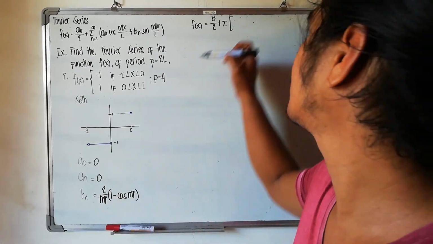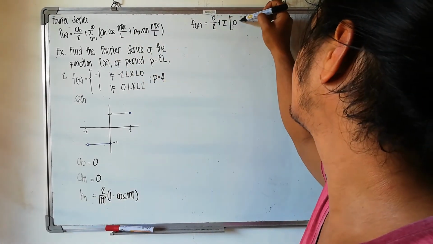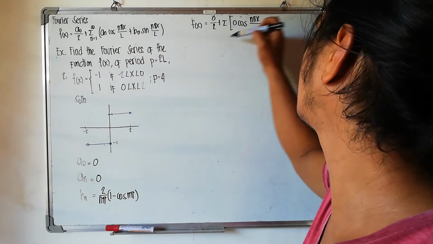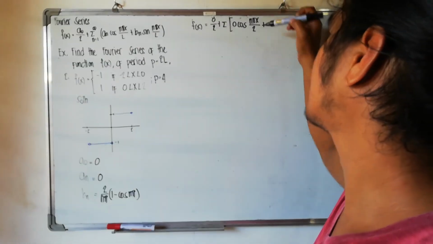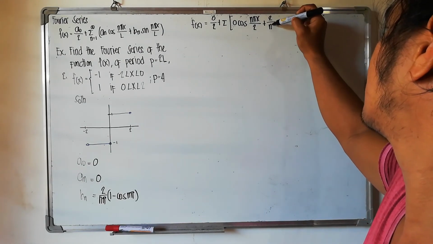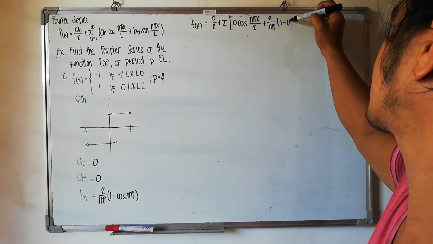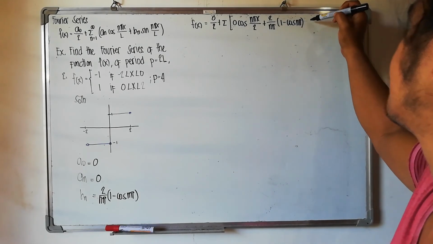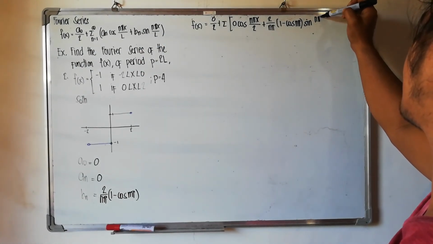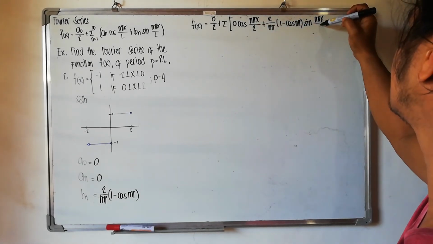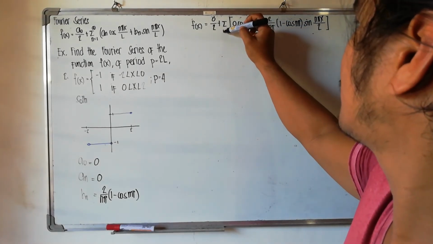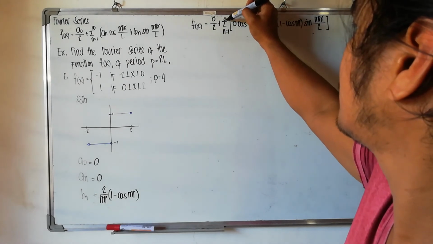A sub n is equal to 0, so that is 0 times cosine n pi x over your L, which is equal to 2, plus b sub n, so you have 2 over n pi times 1 minus cosine n pi times sine n pi x over L, which is equal to 2. That would be the summation of n is equal to 1 to infinity.